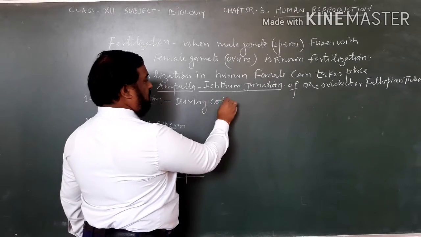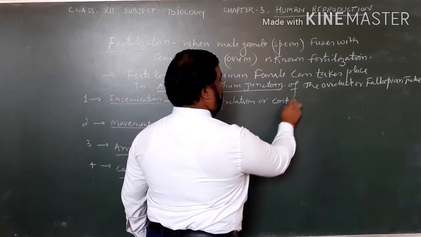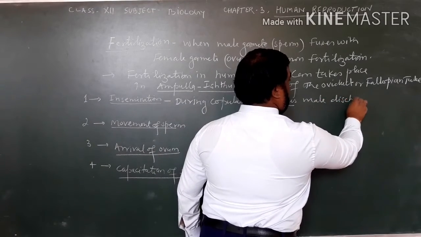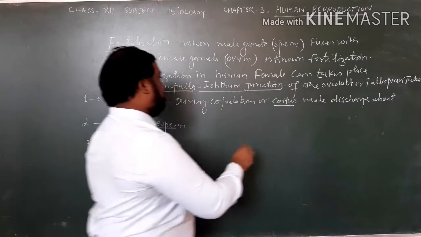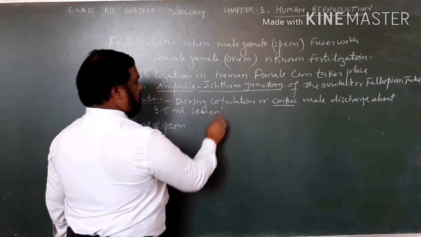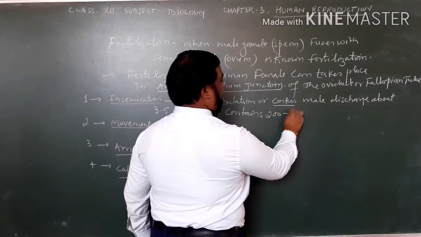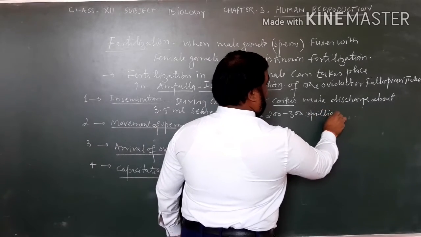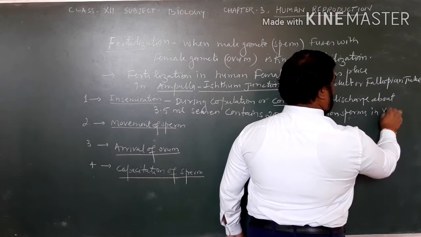First, insemination. During copulation or coitus, the male discharges about 3.5 ml of semen, which contains 200 to 300 million sperms, into the vagina.